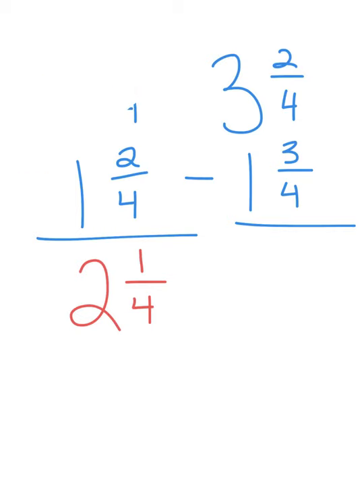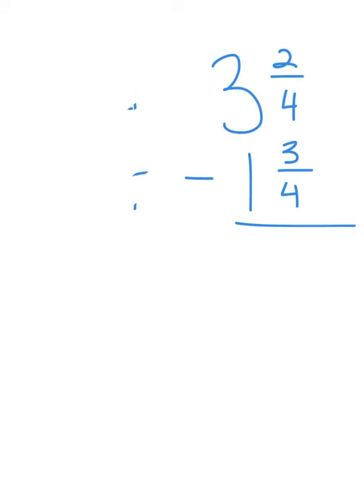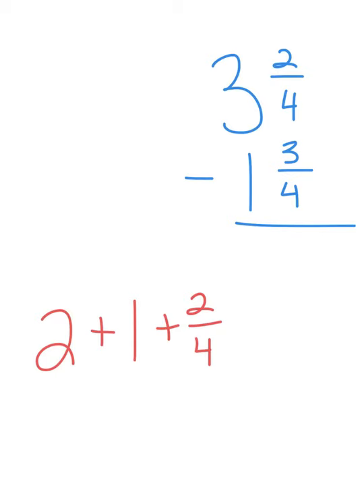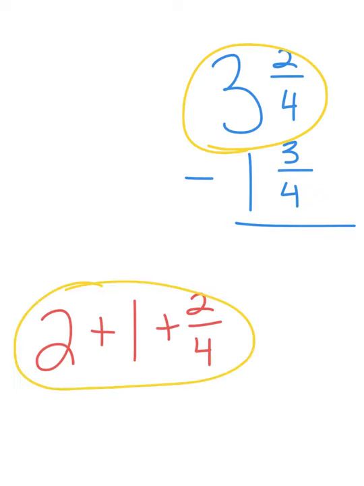Alright, so we want this fraction here to be larger than this fraction here. So we're going to say that 3 2/4 is equal to, right, 3 is like 2 plus 1, and then we have an extra 2/4. So we can say that 3 2/4 is equal to 2 plus 1 plus 2/4.